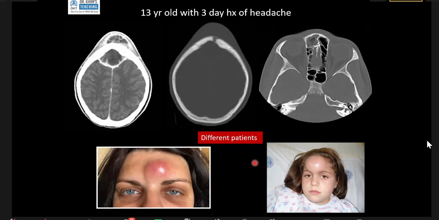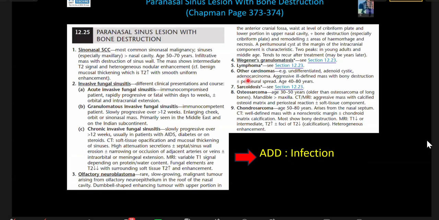Just like subperiosteal abscess can be in relation to the ethmoid sinus, similarly, it can happen in relation to the frontal sinus also. And so the patient will present with swelling. That is the key. And so in this particular case, there is subperiosteal abscess, intracranial abscess. And the same thing was there in our case.